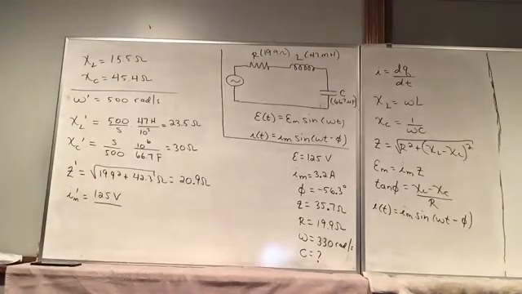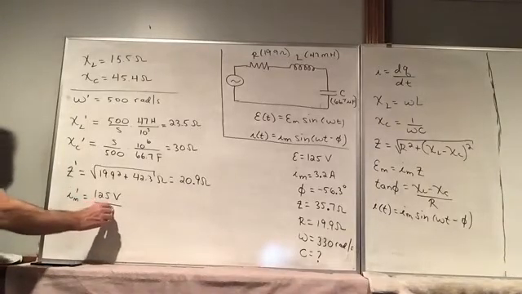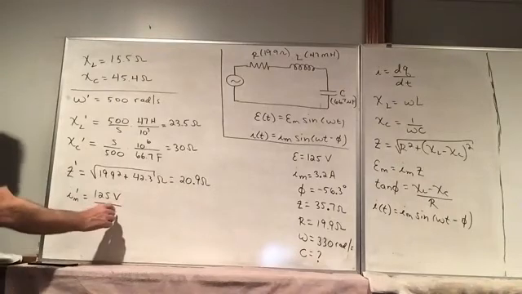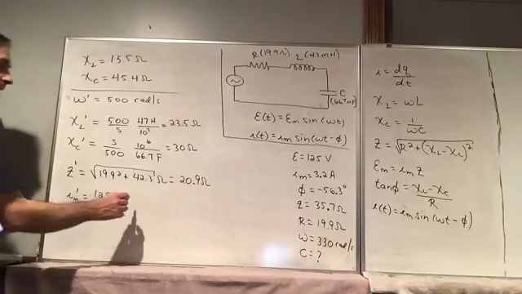But now the impedance, the effective resistance of the circuit, has decreased. So we do 125 divided by 20.9. This is 5.98. Let's just say this is 6 amps.